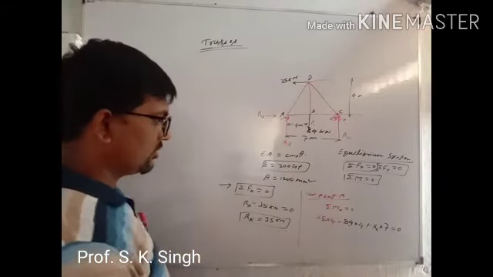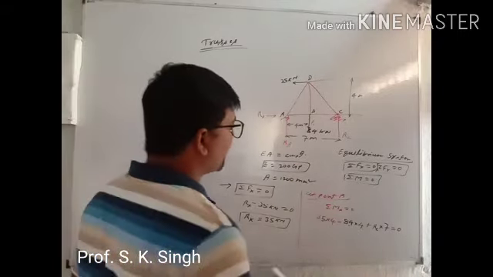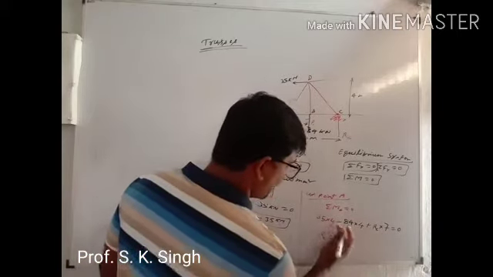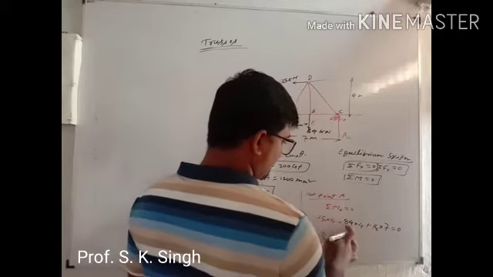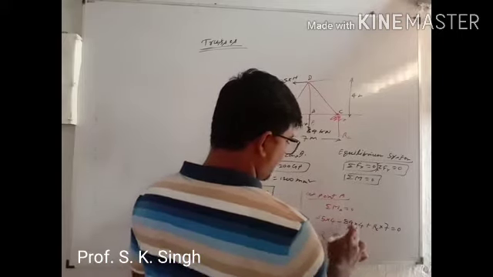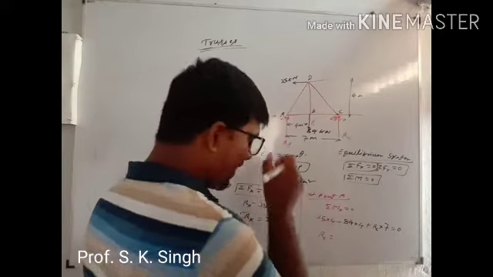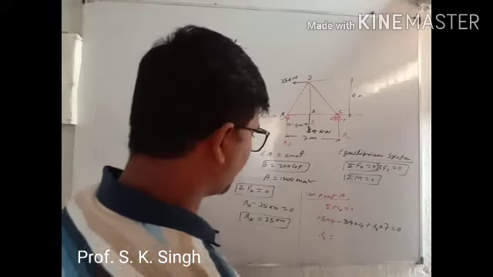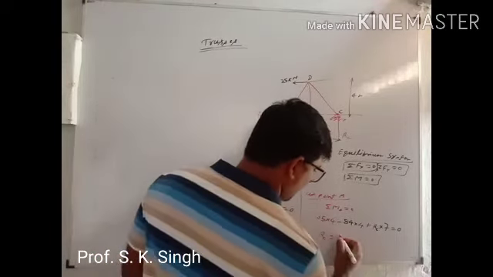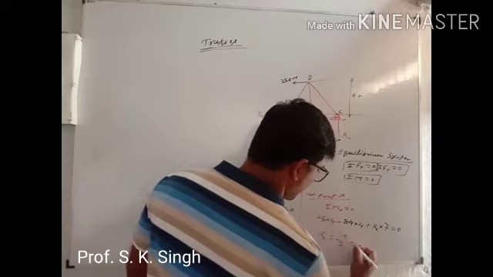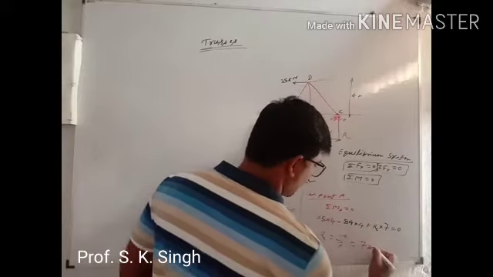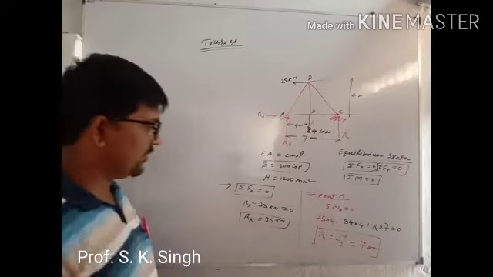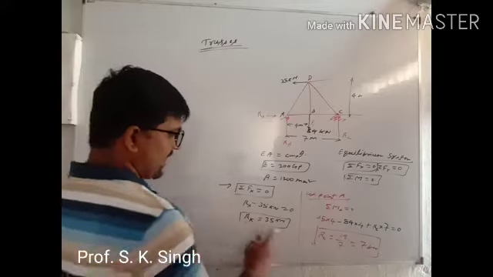From this you can define RC. 4 and 4 become common and the two terms subtract: 84 minus 35 gives 49. 49 divided by 7 is 7 kilonewton. So RC you will get 7 kilonewton. So Rx and RC we got.